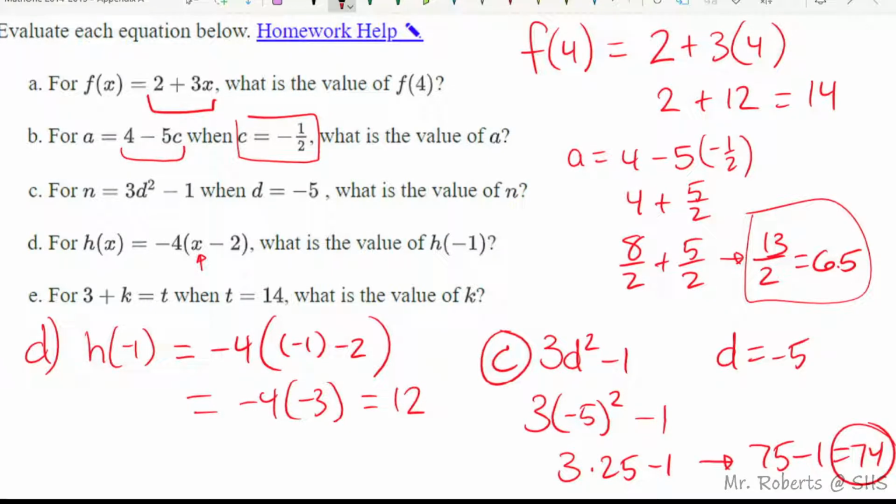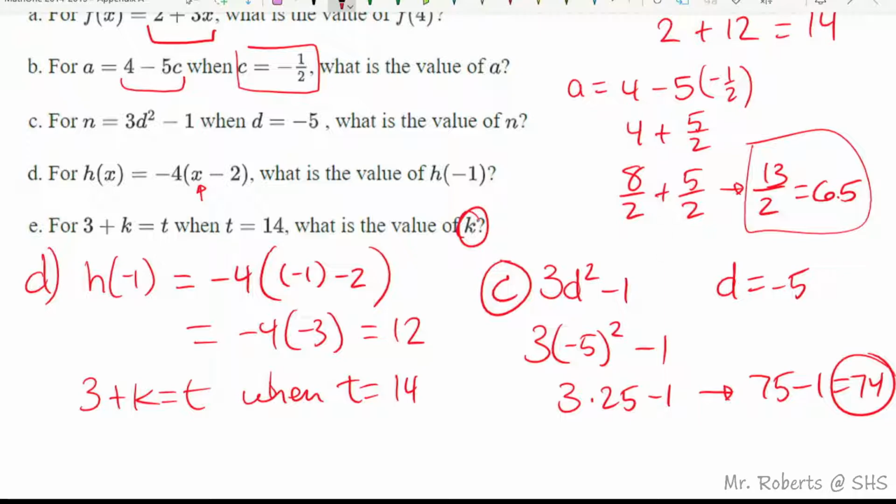So D is 12. And then the last one says, for 3 plus k equals t, when t is the number 14, I'm supposed to figure out what k is. All right, well, I'm just going to plug in the value of t that I was given.